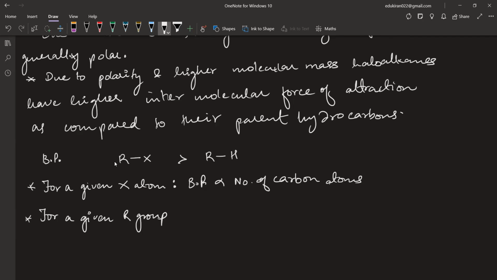Here the boiling point will be directly proportional to the molar mass of the X atom. So RI will have the highest boiling point, followed by RBr, RCl, RF.